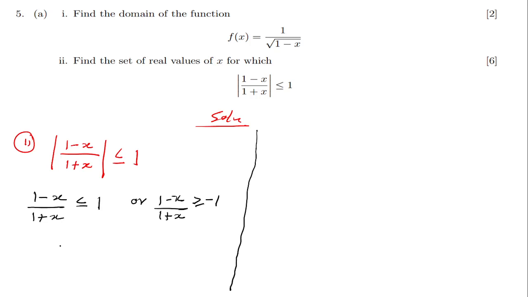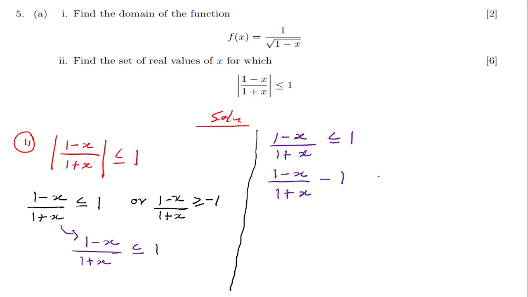With that being done, I'll work on this one first, which is 1 minus x over 1 plus x less than or equal to 1. 1 will go to the other side, so it's going to be 1 minus x over 1 plus x minus 1 less than or equal to 0.